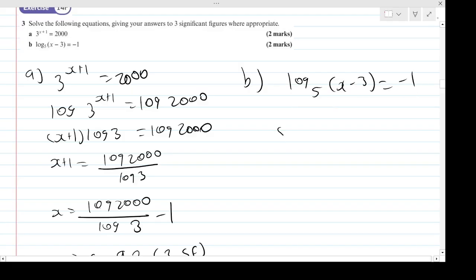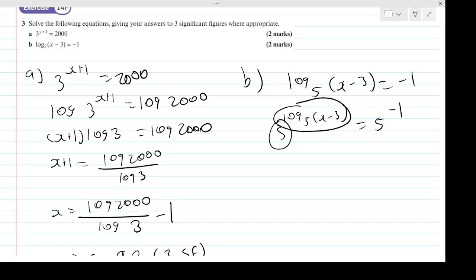So 5 is my base to the power of log base 5 of x minus 3 is 5 to the minus 1. Now why 5 in particular? Well, obviously it matches the base, but think about it. I will go over this more in the next video, but for now, this particular equation, I've got a base. This is an exponential with a log.